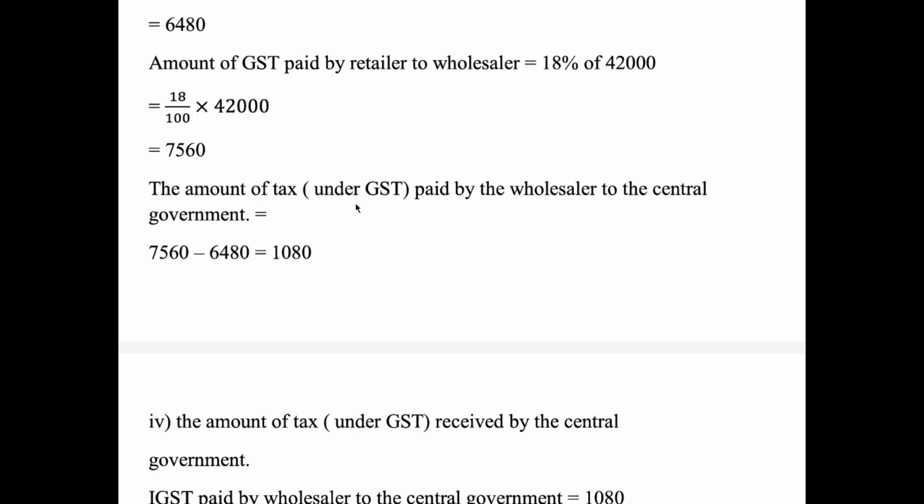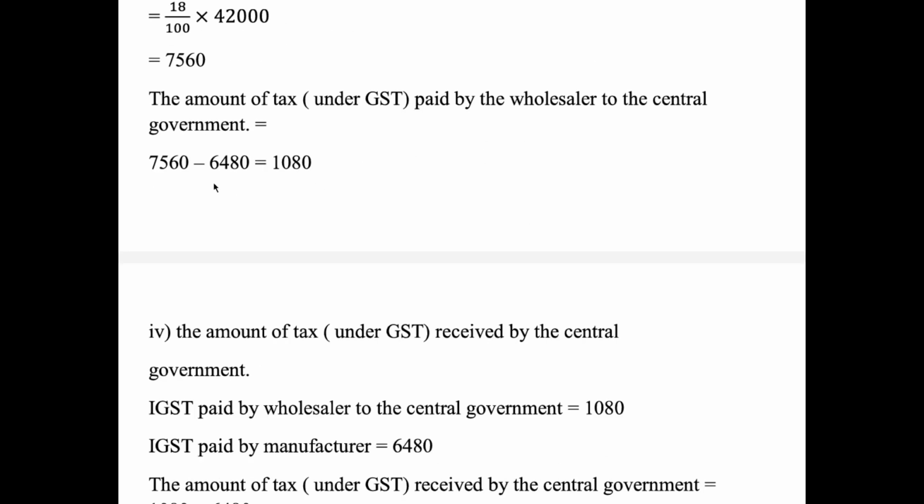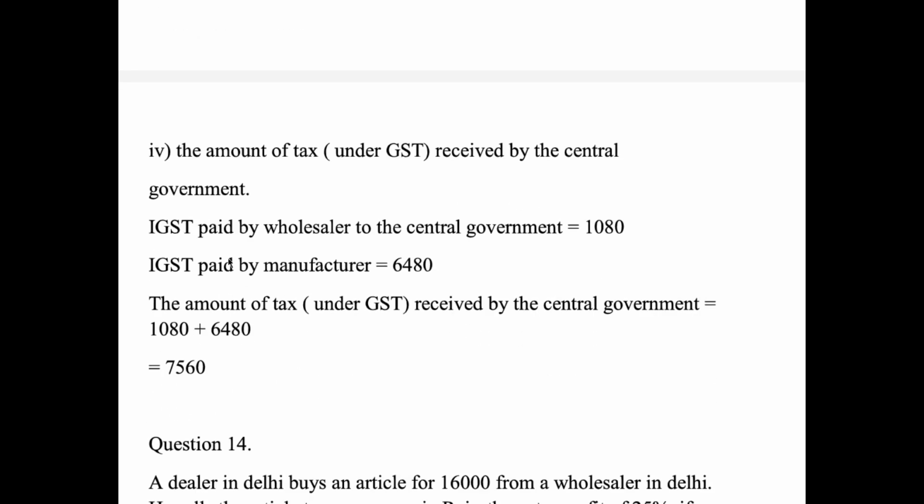So the amount of tax under GST paid by the wholesaler to the central government is 7560 minus 6480, that comes to 1080.